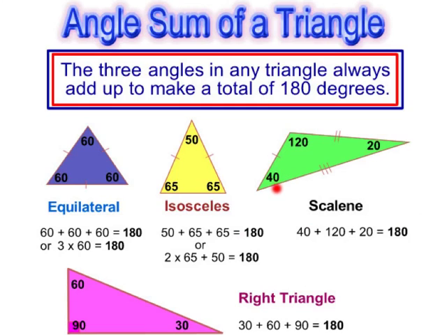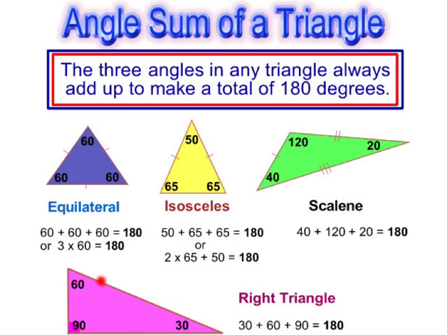In this one we've got 120 plus 20 is 140, plus 40 is 180. So you see that no matter what the shape of the triangle, the measures of the angles are always going to be 180 degrees. Now, this lesson is going to deal primarily with a special triangle called the right triangle.